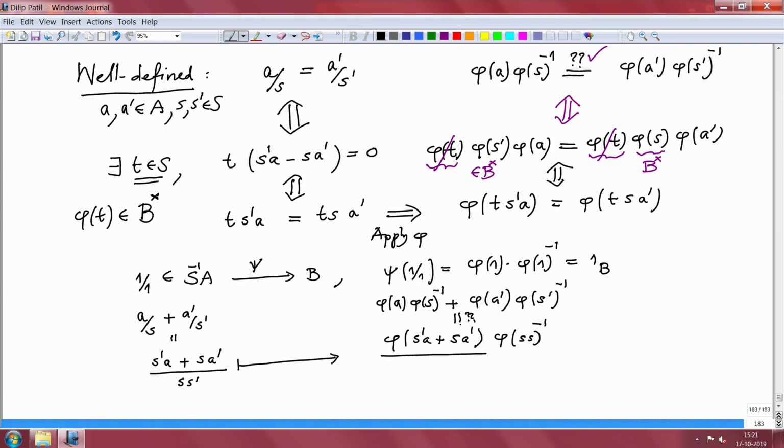This is what we want to check, but that is very simple because I will use the fact that it is a ring homomorphism.